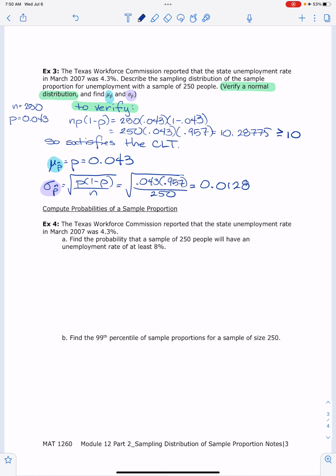Now we want example 4, to compute those probabilities. The Texas Workforce Commission reported that the state unemployment rate in March was 4.3%. We want the probability that a sample of 250 people will have an unemployment rate of at least 8%. So back to our distribution again. We've said that this satisfies the central limit theorem.